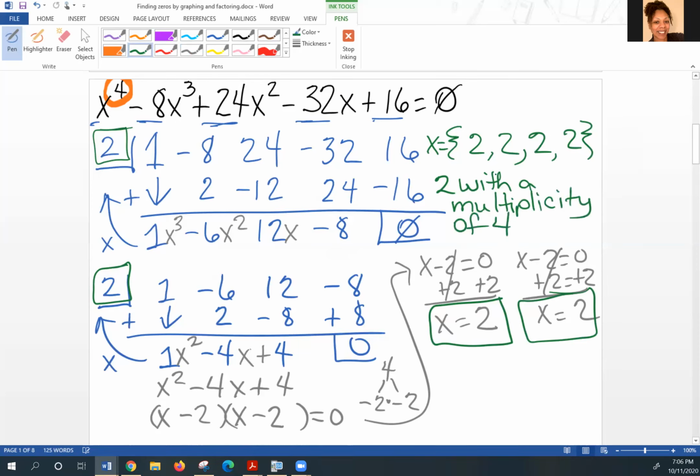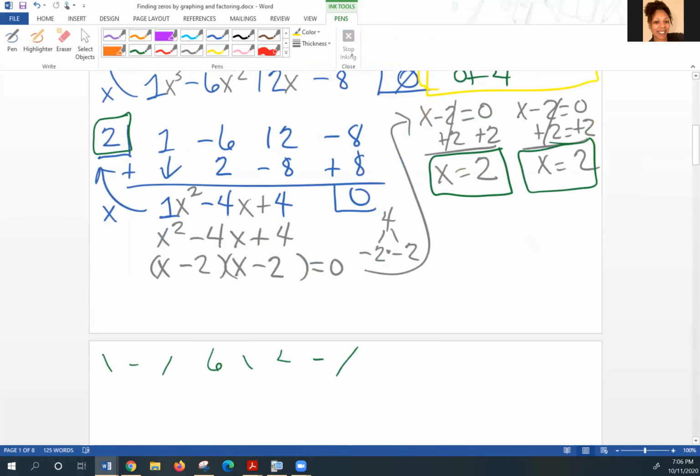So this is actually, in fact, my answer, because I was asked to find the zeros. That's the whole purpose of this video. We're trying to find the zeros, and the zeros are all 2s in this instance. But you would write it as 2 with a multiplicity of 4, because how many times do you see 2? You see it 4 times. 1, 2, 3, 4. That's what multiplicity means. How many times you see that factor.